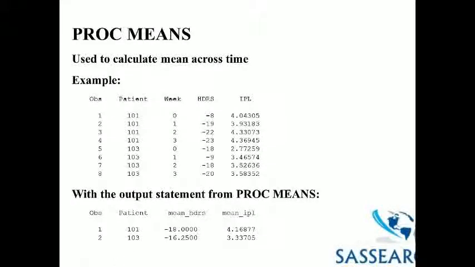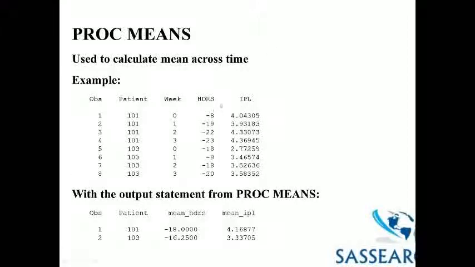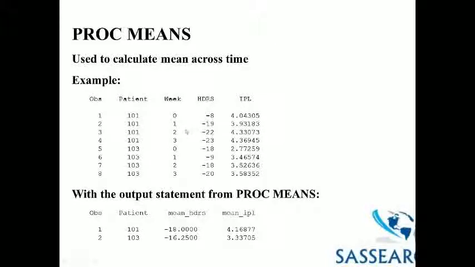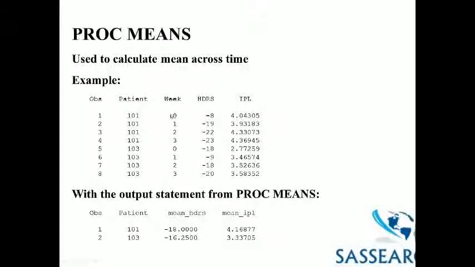The drug they were given, IPL, stands for imipramine. The HDRS, the other variable, is the Hamilton Depression Score, looking at the change from baseline. We have data recorded at week 0, week 1, week 2, and week 3. And there was a baseline measurement that occurred prior to week 0.